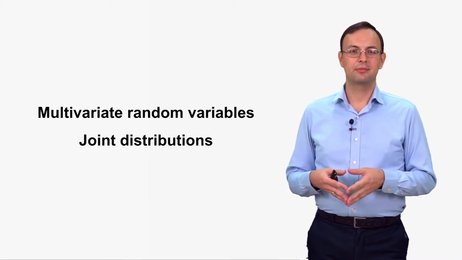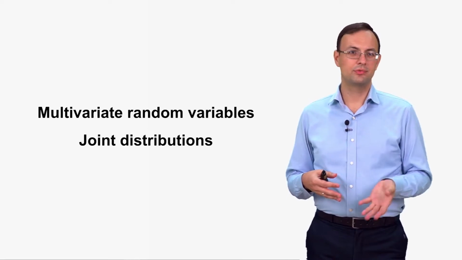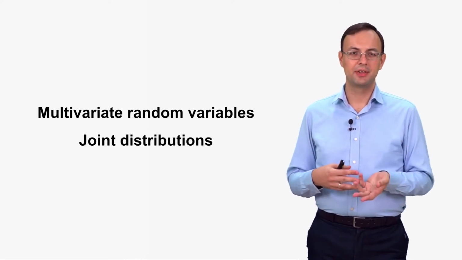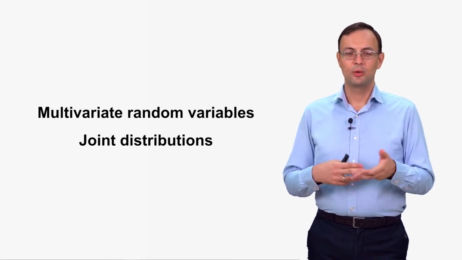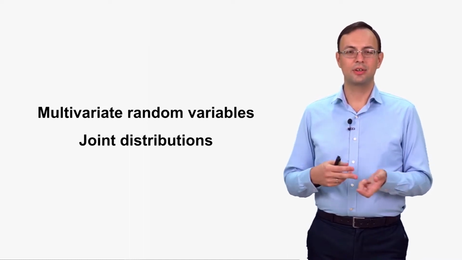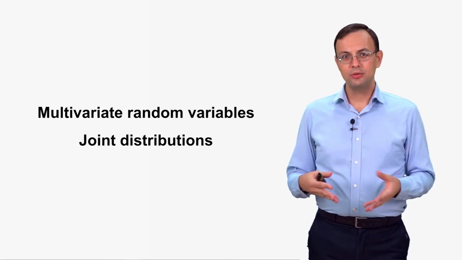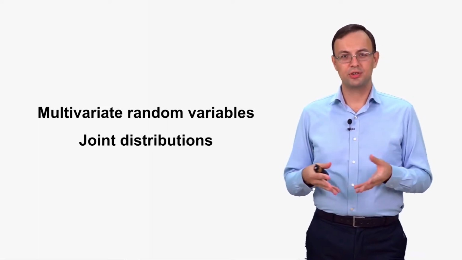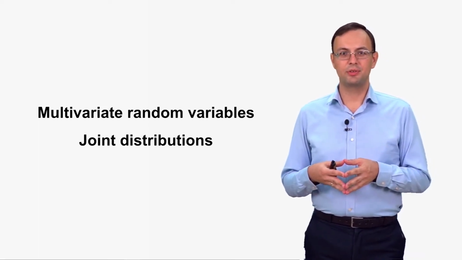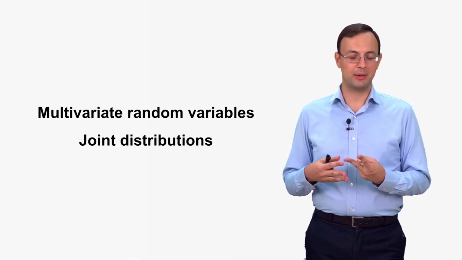For example, I choose a random person, and this number may be his or her weight or height or age or salary or something else. Now, let's imagine a situation when we observe not one, but two numbers.